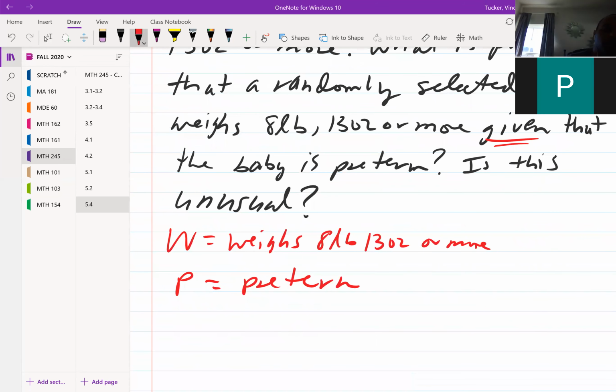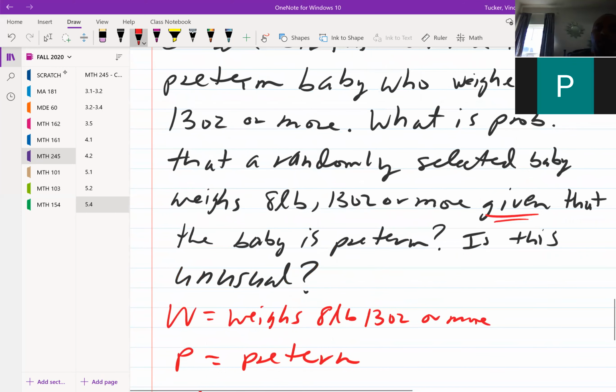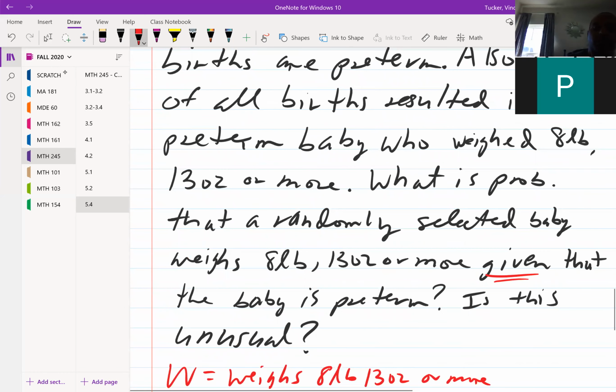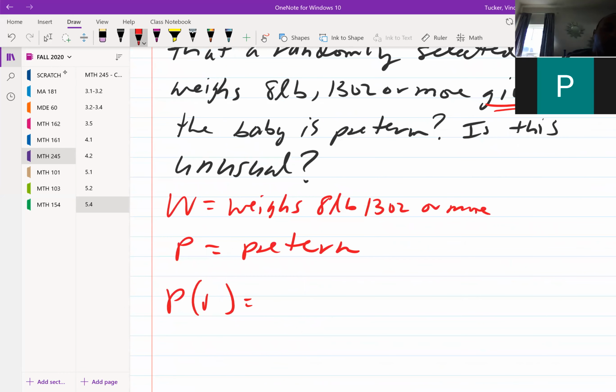So we want to know the probability. Let's start here. Suppose that 12.7% of births are preterm. So let's start with the preterm. Probability of a baby being preterm, 12.7%. Don't forget to convert it to a decimal. So that's 0.127.